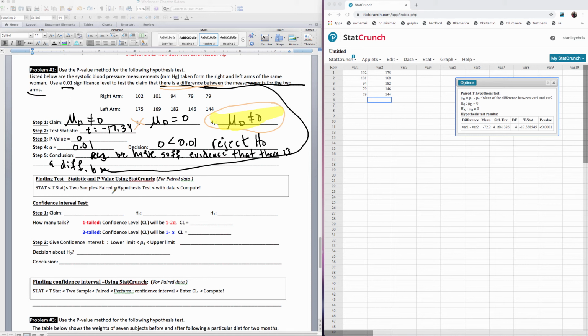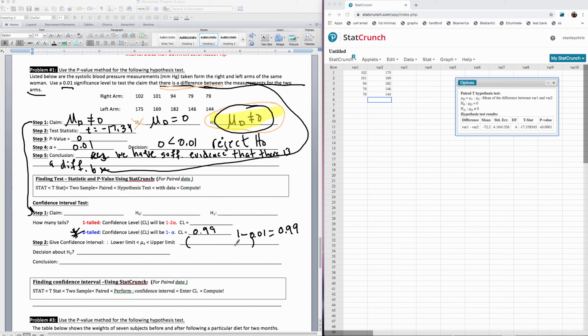Okay, now same thing as we've been doing on all these things. You could do a follow-up confidence interval, and you could do this. Boom. Okay, so how many tails? This is a two-tailed. So I have to use this one, 1 minus 0.01. So that's a 0.99.